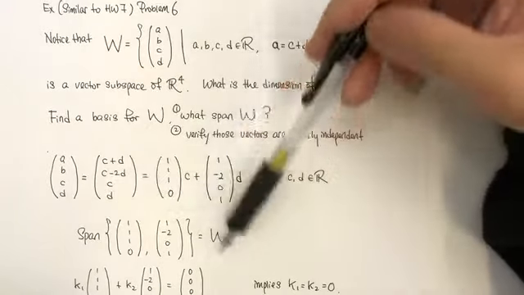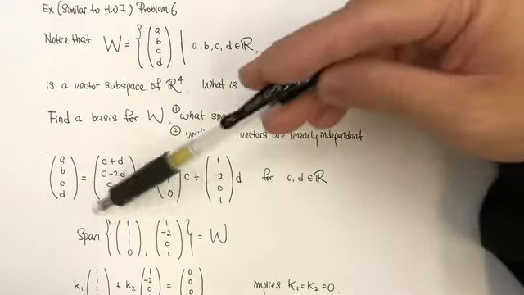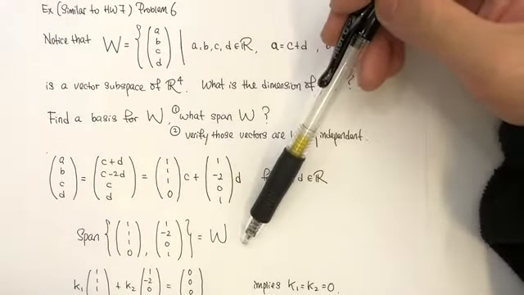Which means that the span of these two vectors gives you the vector space W, right?